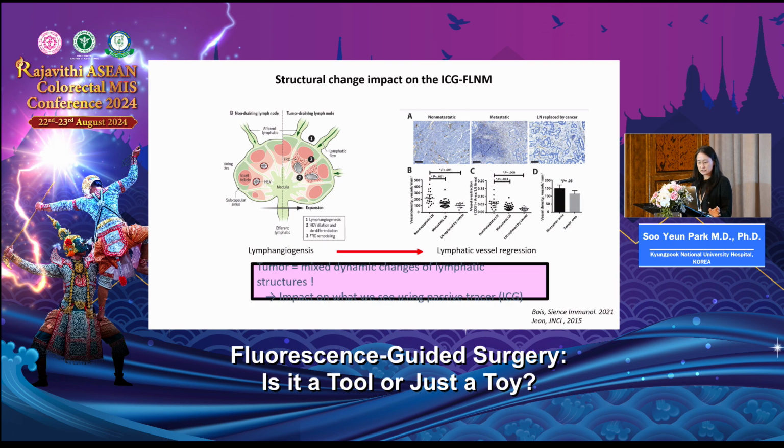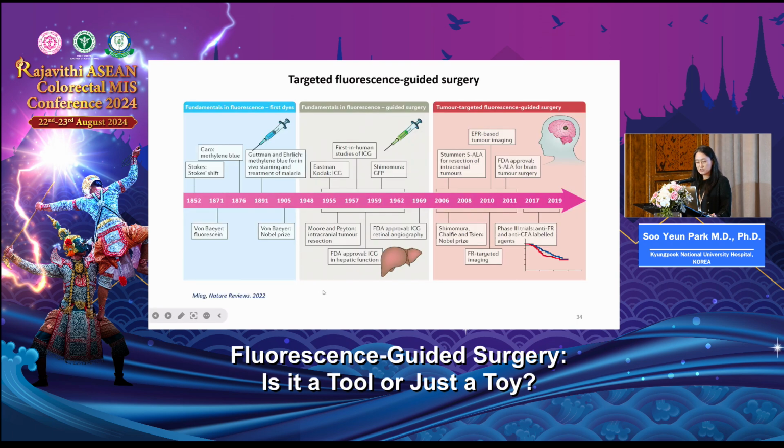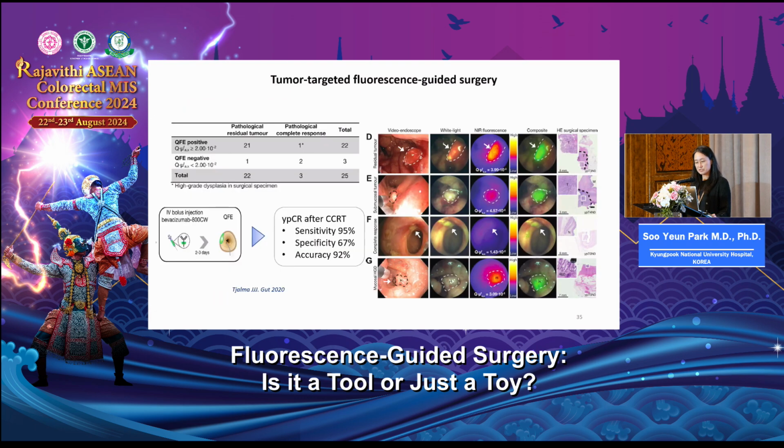This is the lymphatic change during lymph node metastasis. First, lymphangiogenesis is the main change, and in the late stage, lymphatic vessel regression is the main change. So currently there are many ongoing trials to develop targeted fluorescence imaging.